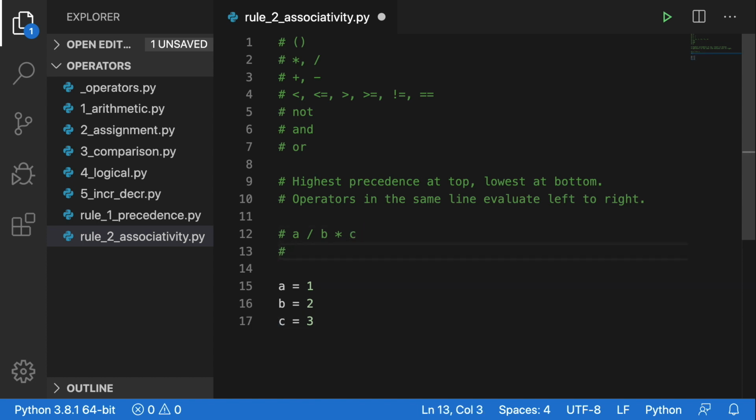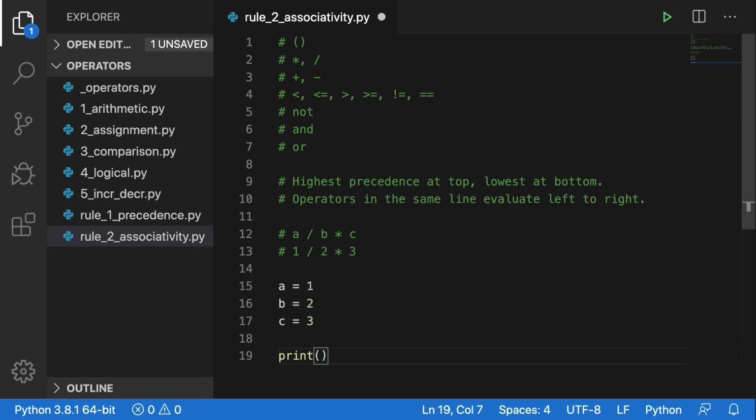So this expression will look exactly like this. Based on what we discussed just now, these two operators have the same precedence, so Python will evaluate this expression left to right. This expression will be the first one to evaluate, and the result will multiply by 3. So this one is a half, multiplied by 3, it's 1.5.